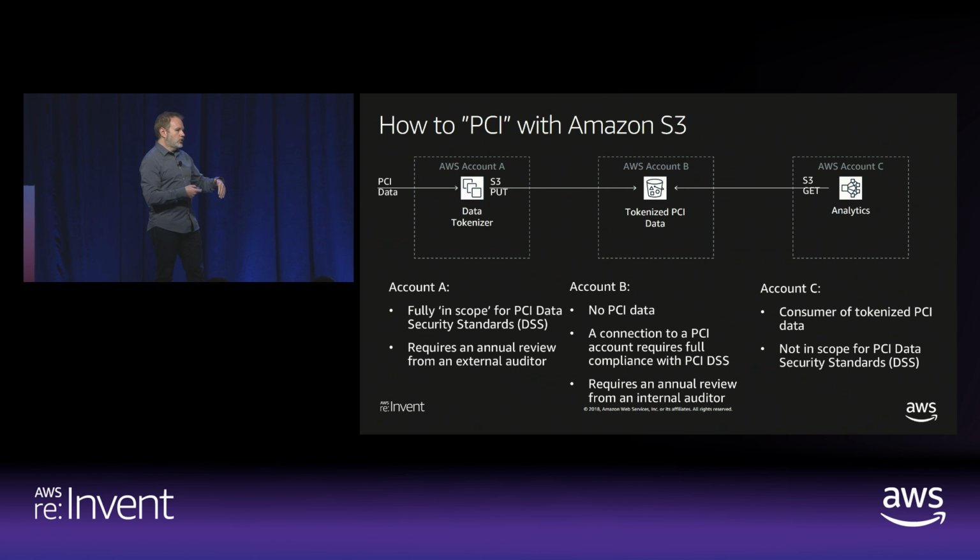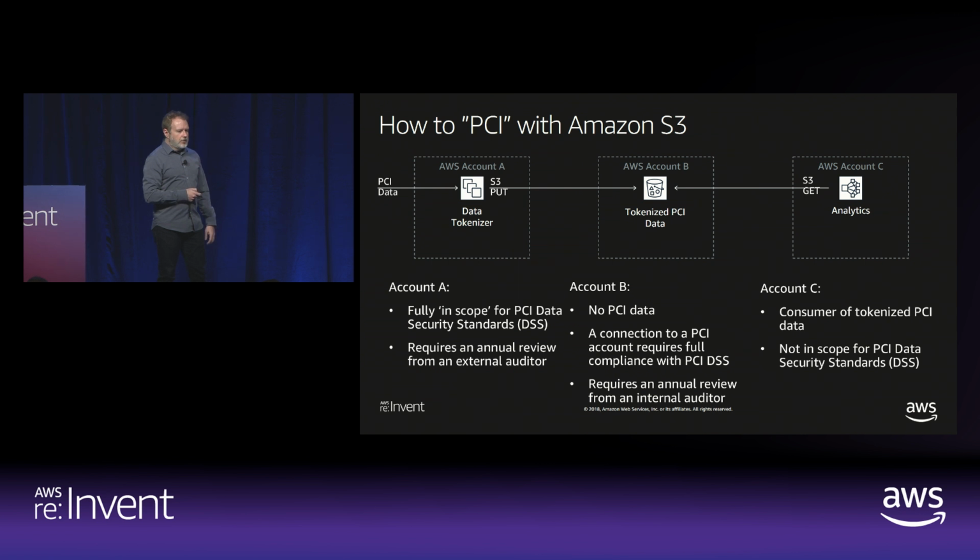Still have to adhere to the same controls, but it's not quite as expensive. And then finally, account C, because it's only attached to this account that doesn't have PCI data, the B one in the middle, it's not PCI. So you can relax some of those controls potentially. And it doesn't necessarily need an annual audit, but being a bank, we still do that anyways. So this is setting up our use case.